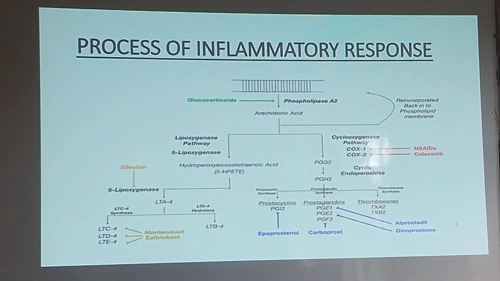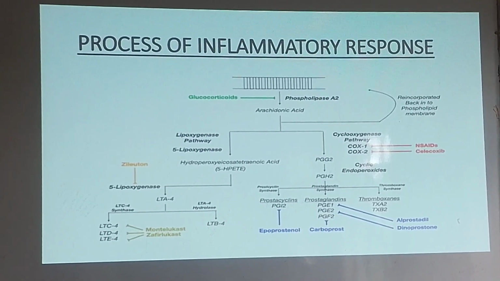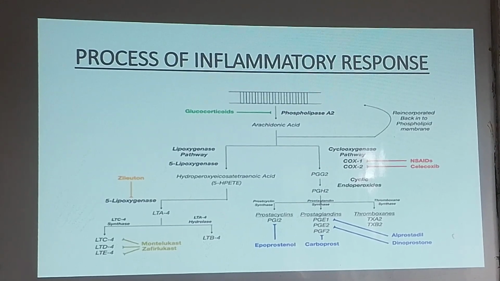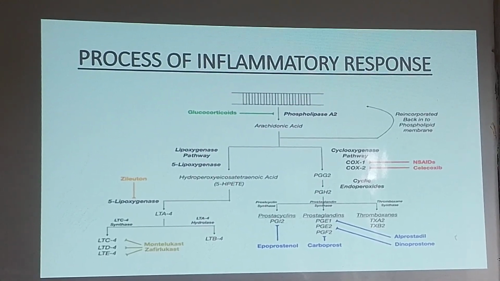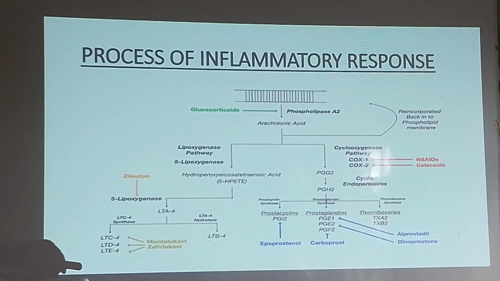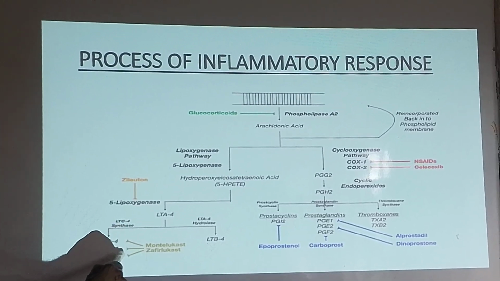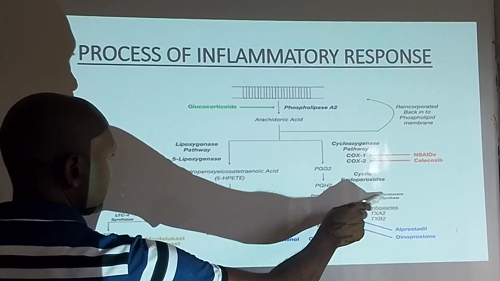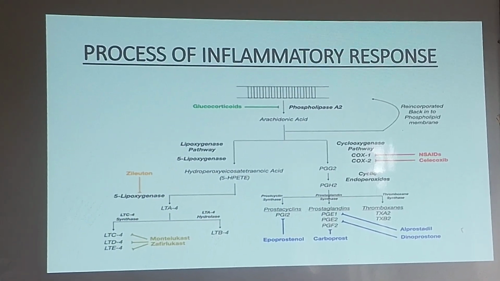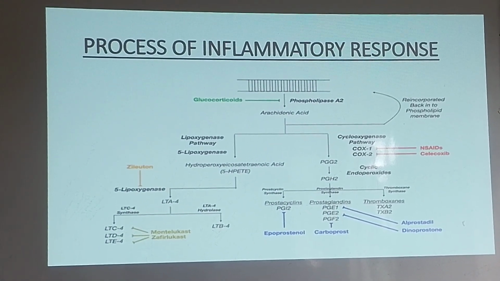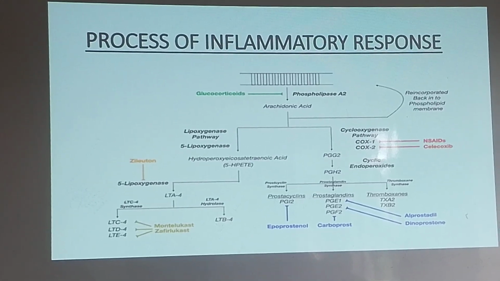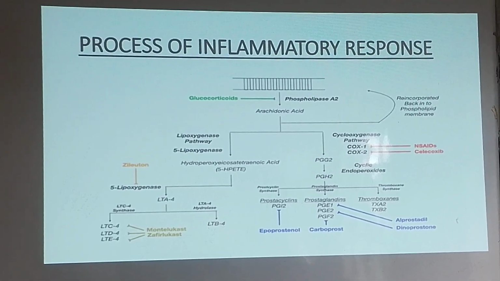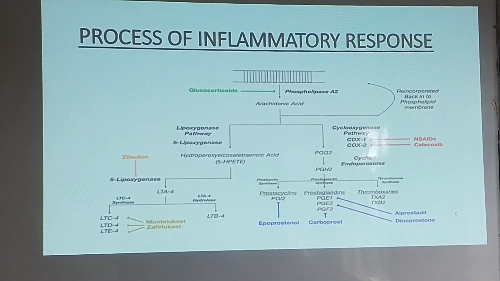Thromboxane A2 plays a role in platelet aggregation and vasoconstriction. We shall see in the subsequent slides the effects of these metabolites, because after they have been produced, that is when we end up having the commonest symptoms that patients present with: fever, pain, and inflammation.